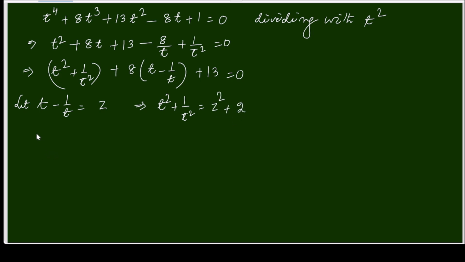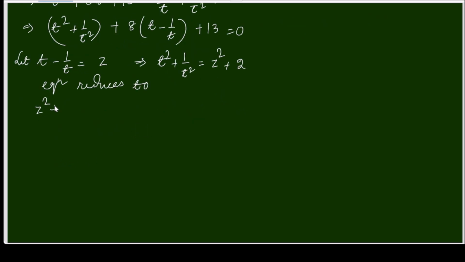So the equation reduces to z^2 + 2 + 8z + 13 = 0, or z^2 + 8z + 15 = 0.